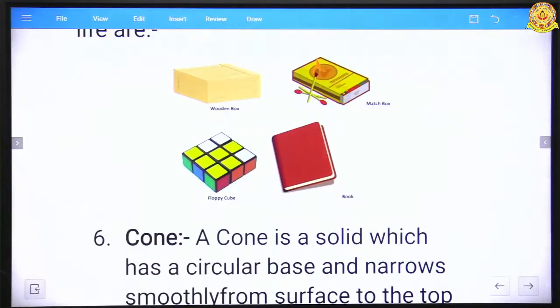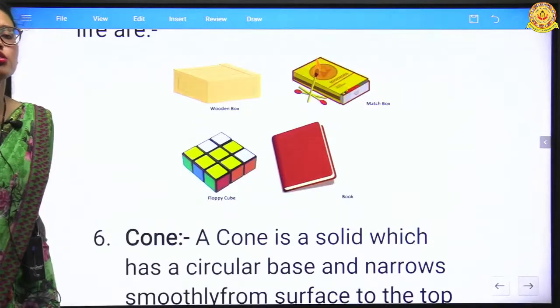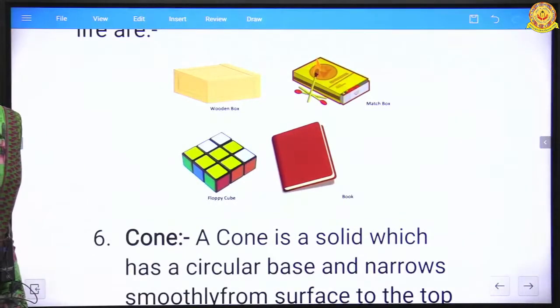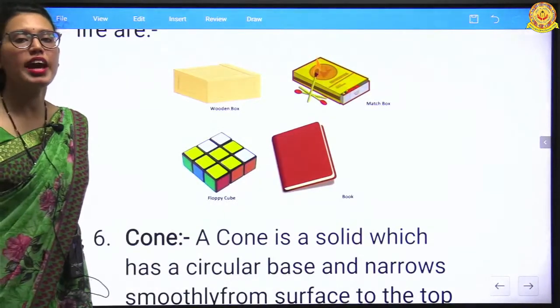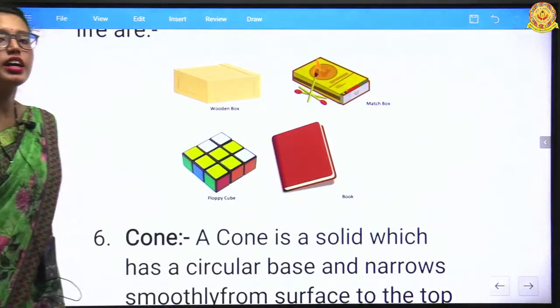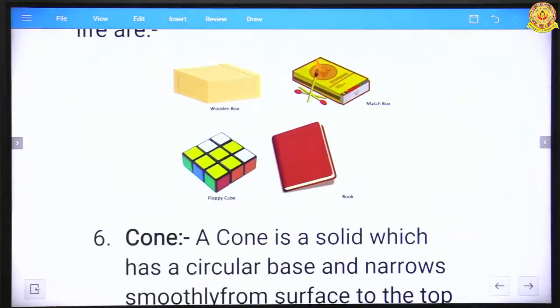If you see your notebook and book, it is also in a cuboid shape, but its face is looking like a rectangle. The shape of a cuboid is similar to a rectangle. As we read, it has 6 faces, 8 vertices and 12 edges.